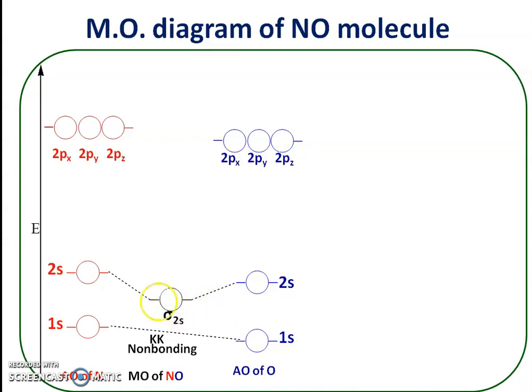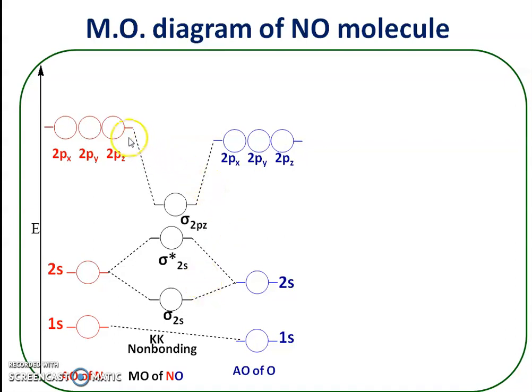It results in the formation of the sigma 2s bonding molecular orbital. Similarly, out-of-phase combination between the 2s atomic orbital of nitrogen and the 2s atomic orbital of oxygen results in the formation of an anti-bonding molecular orbital, which has more energy, and it is represented by sigma star 2s.